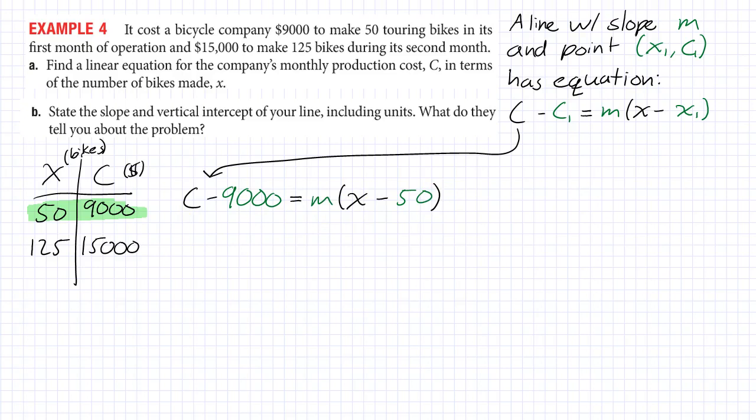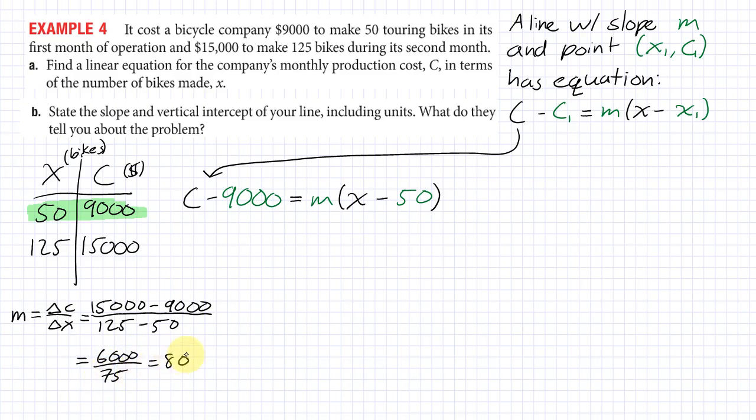So let's find the slope on the side. To find the slope, we take the change in c divided by the change in x. The change in c is 15,000 minus 9,000, divided by the change in x, which is 125 minus 50. That comes out to 6,000 divided by 75, which is 80.